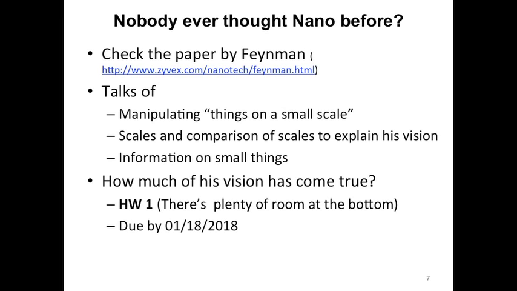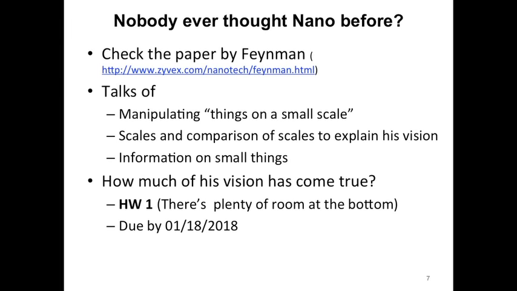Your homework is due next week, so I'm giving you a week for that. Make sure that you read the article. It's just reading an article and writing one page, not more than one page at max. What you have to include is the question of how much of his vision has come true so far.